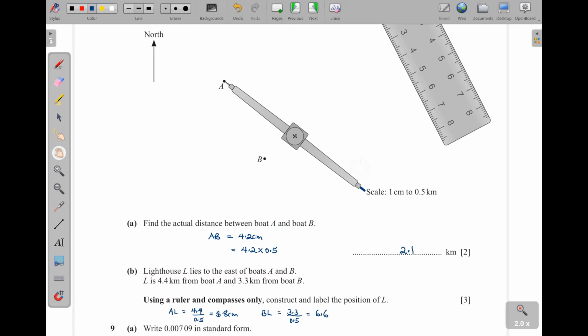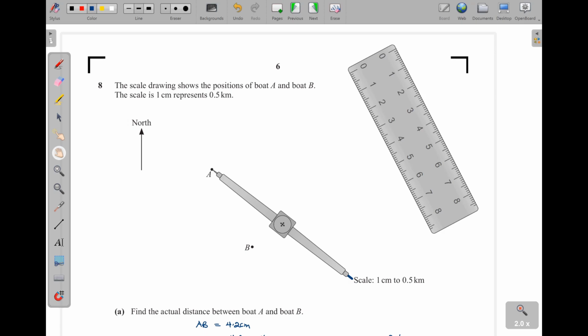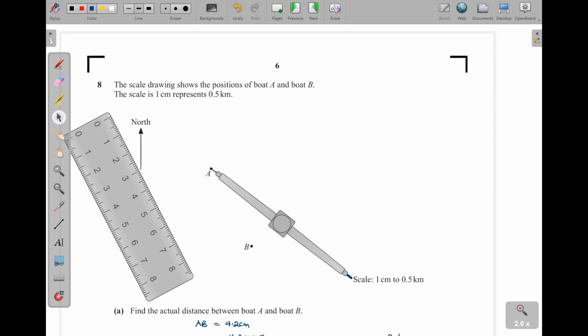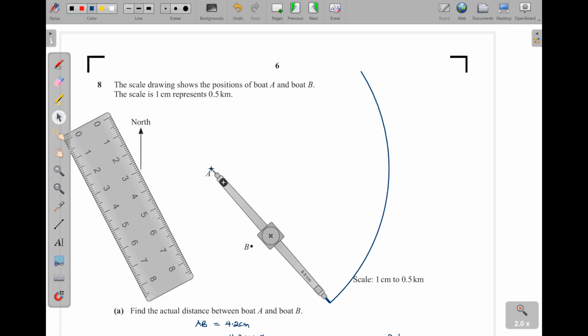Then after that, I can draw an arc. I'll bring it here. Then I'll draw an arc, and you leave the construction arcs there. So that one like that.